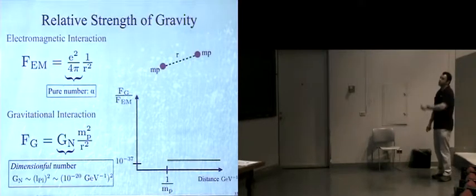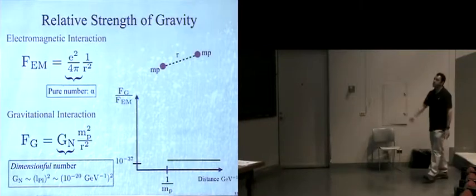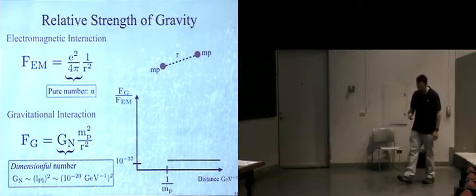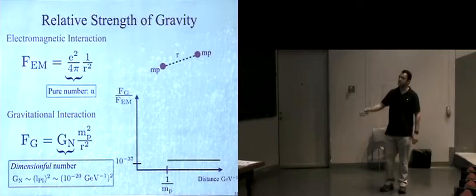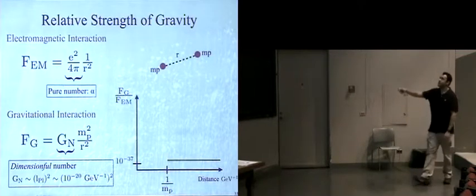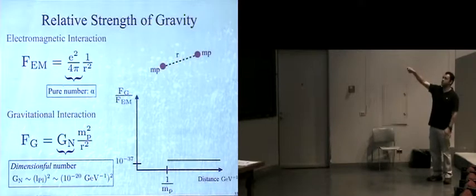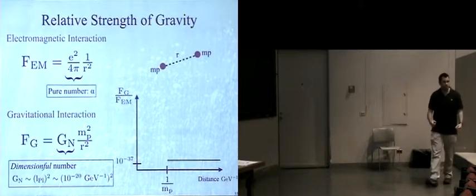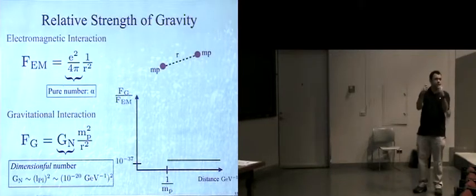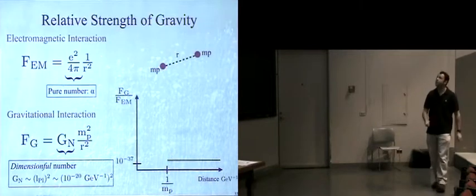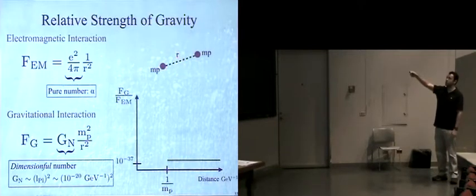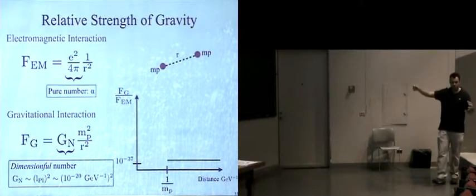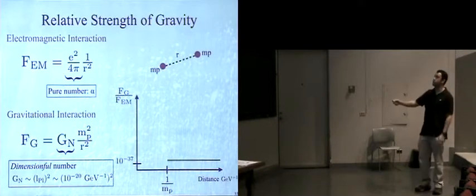However, if you go to smaller distances, because this is a dimensional parameter, ultimately what's happening is the force of gravity increases. And the way to think about that is, as we bring these protons closer together, because of the uncertainty principle, we have to put in energy to hold them at a small radius. There would be an uncertainty in this distance. If that distance was really small, there would have to be a large uncertainty in their momentum, or their energy.